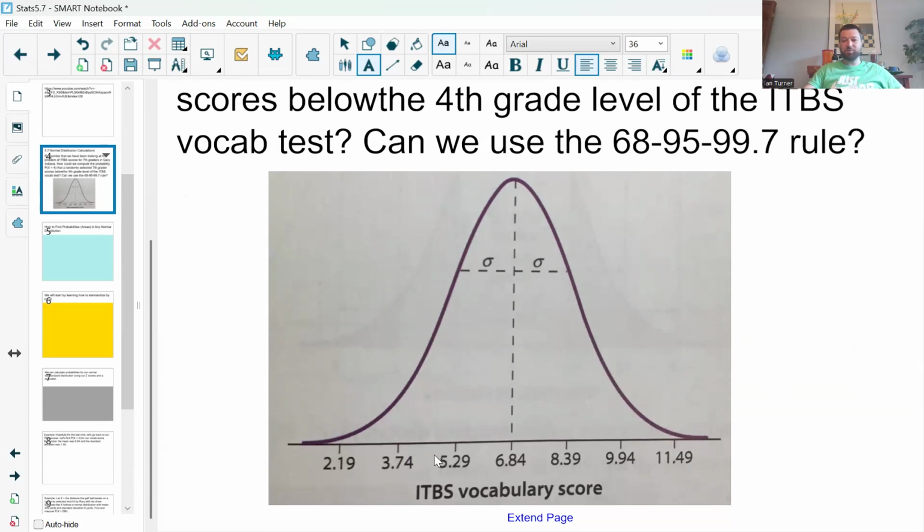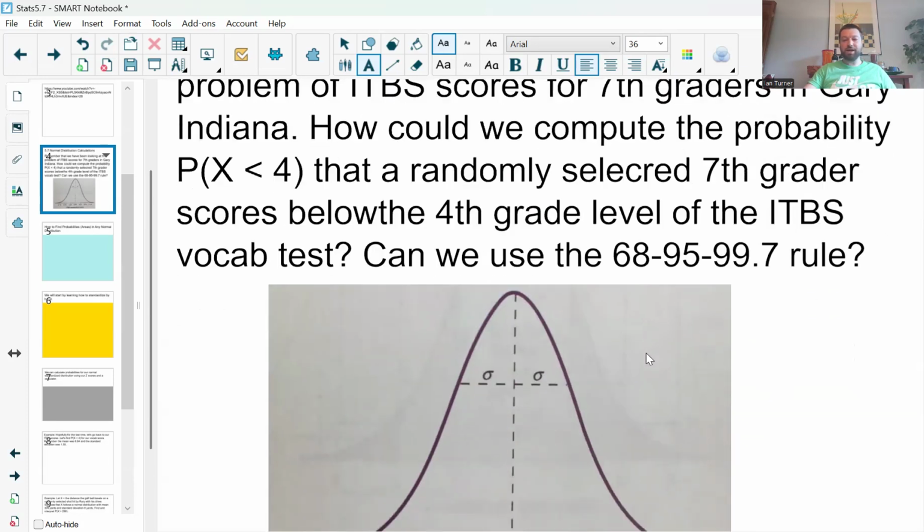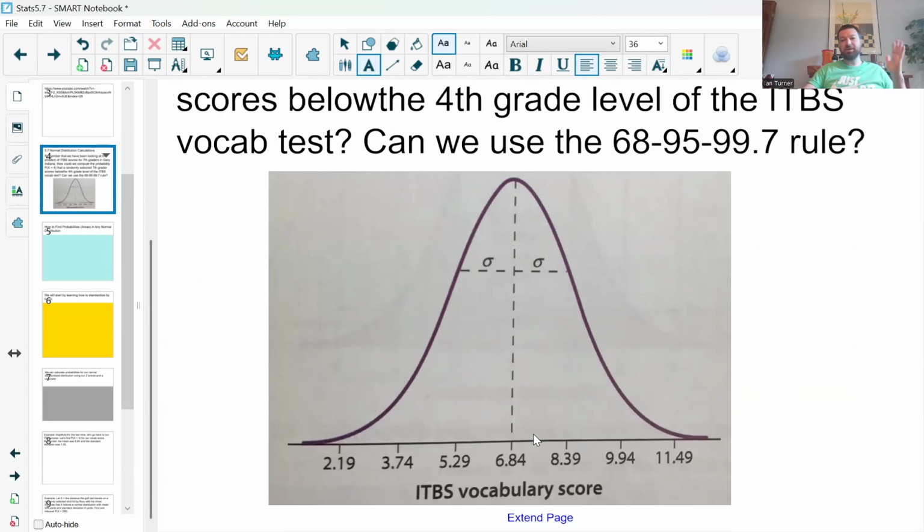Two standard deviations below is 3.74. Those aren't numbers people are going to normally look for, right? If this was like an AP test, no one's going to be like, hey, did you get a 2.75 on your AP test? No, they're going to say, did you get a 3? Did you get a 4? So a lot of the time, standard deviation doesn't give us numbers we want to end or start at.